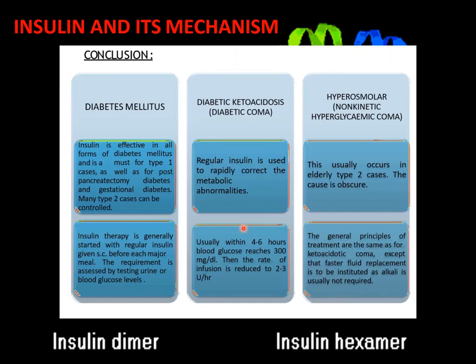Hyperosmolar non-ketotic hyperglycemic coma usually occurs in elderly type 2 diabetes mellitus cases. The cause is obscure. The general principle of treatment is the same as for ketoacidosis coma, with insulin and faster fluid replacement to be instituted, as alkali is usually not required.